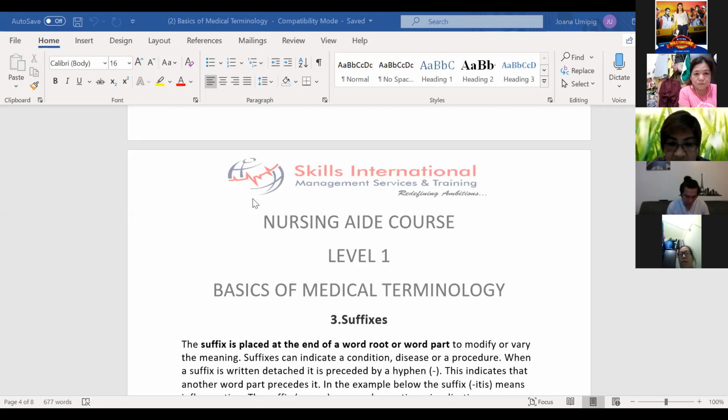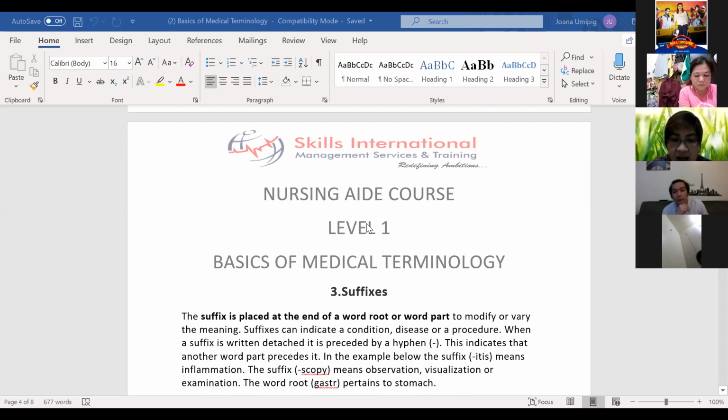This indicates that another word part precedes it. In the example below, our suffix here is itis. Itis means inflammation or infection.